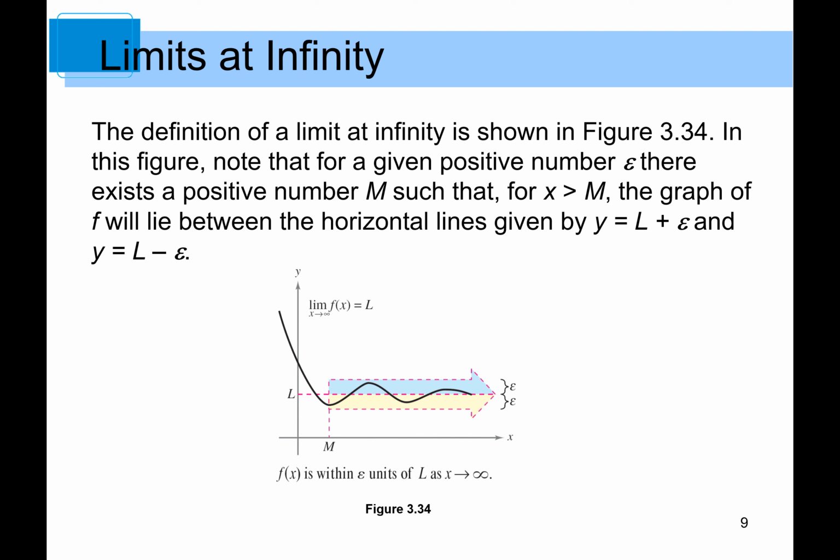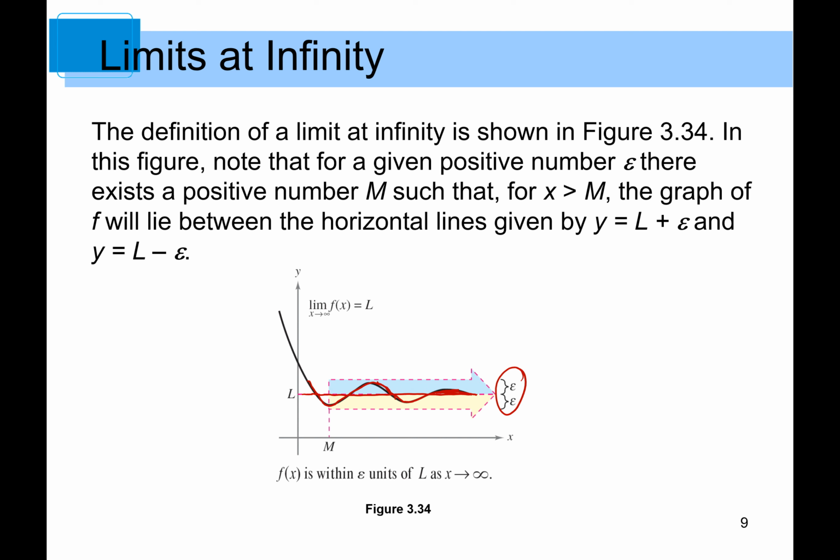If you look at this graph, as you can see, this is our L right here. So the graph moves up and down in a particular boundary, bounded by epsilon.